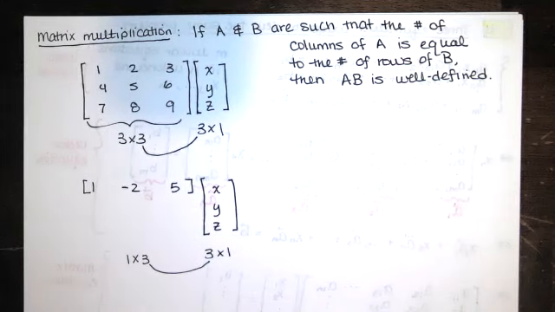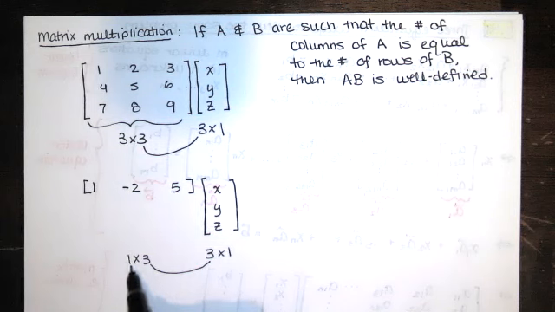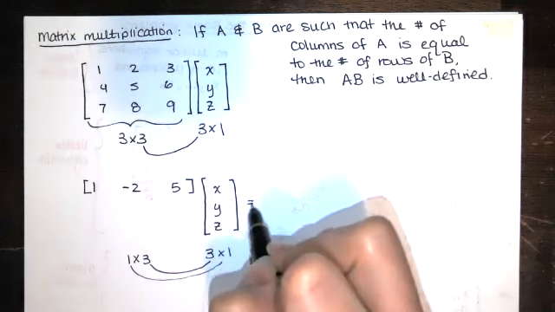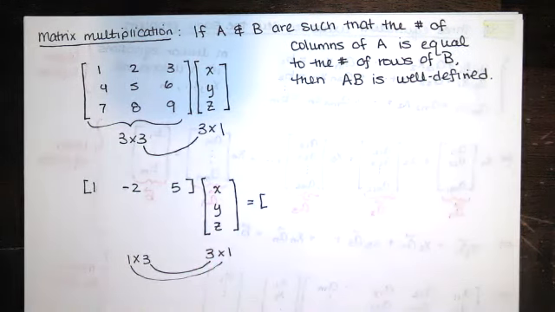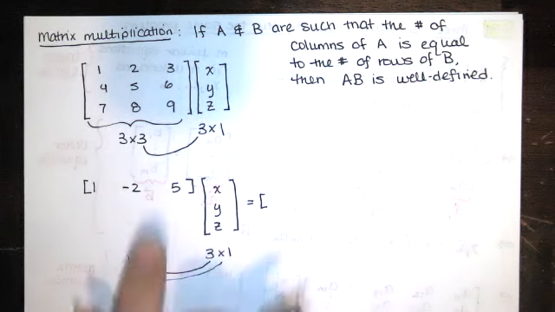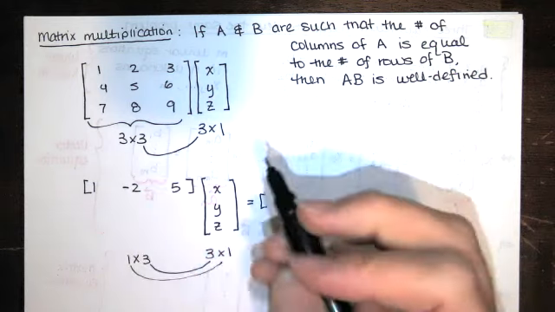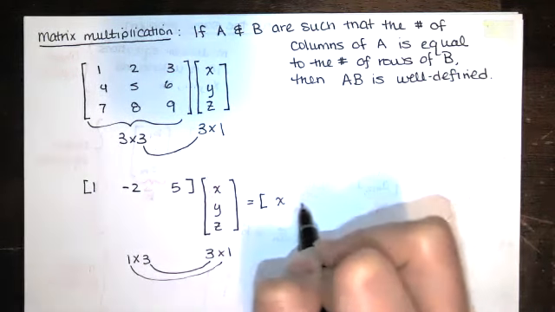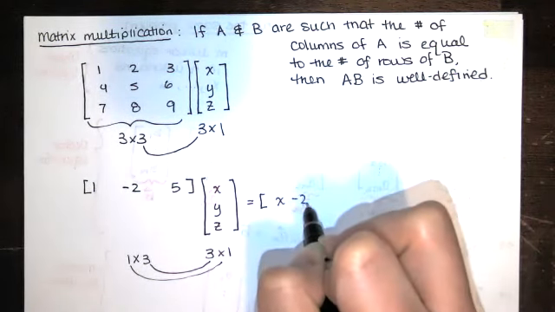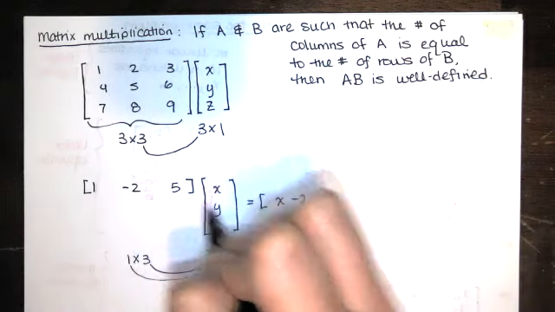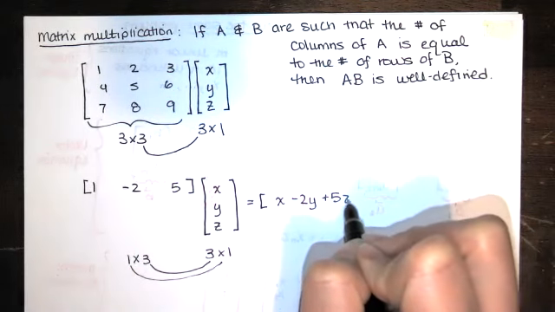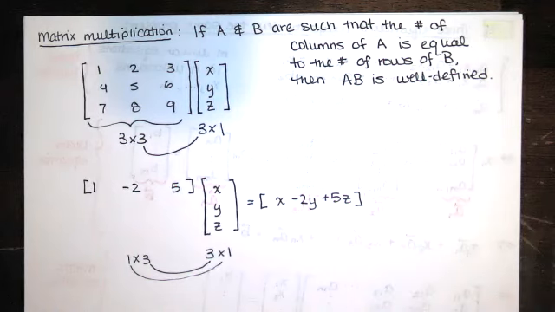That means that we can actually compute this product. We can do the matrix multiplication here. The result is a single entry. It's a 1 by 1 matrix. And the way the dot product works is you multiply and then add, multiply and add, multiply and add. So we're going to have 1 times x plus negative 2 times y, or minus 2y, plus 5 times z. That's the dot product.